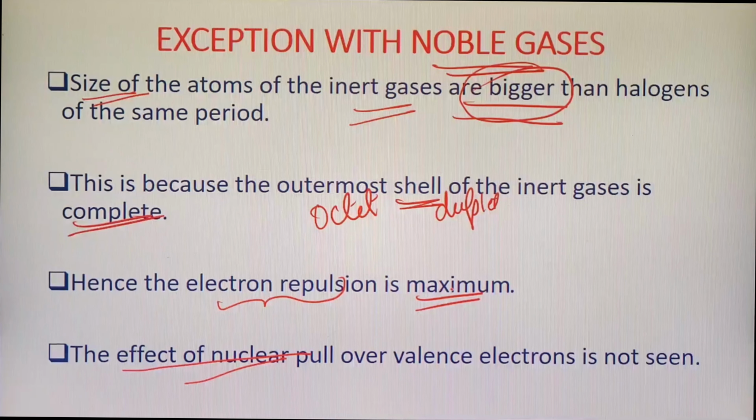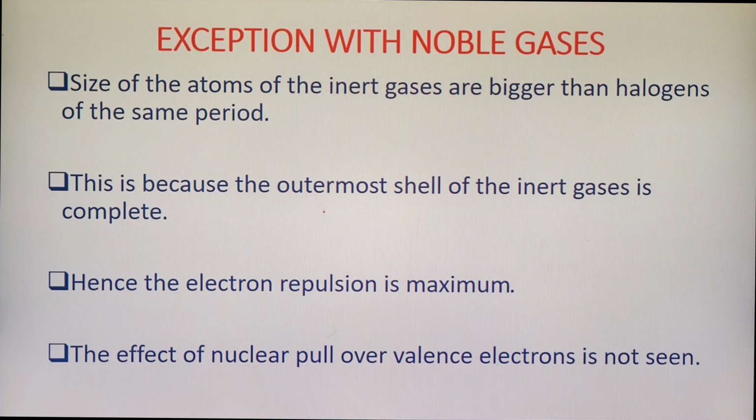In all the other elements, it will be nuclear pull, the nucleus is going to attract the electrons. But only for noble gases, because the outermost shell is complete, instead of attraction, the opposite process, electron repulsion, is going to take place.